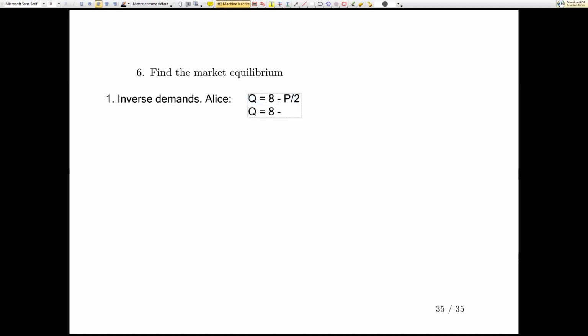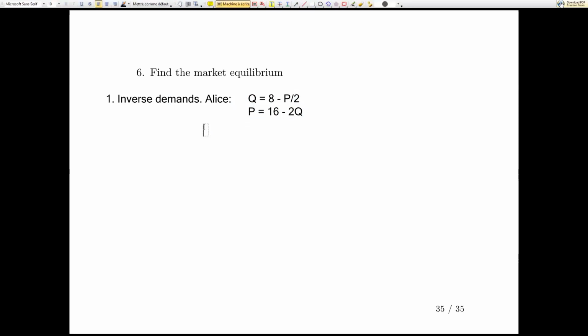So just flip these around and then multiply by 2 on both sides. So that's P equals 16 minus 2Q. Does that make sense? Yeah, please stop me if you have any question.